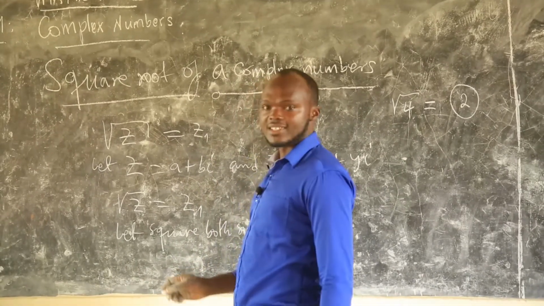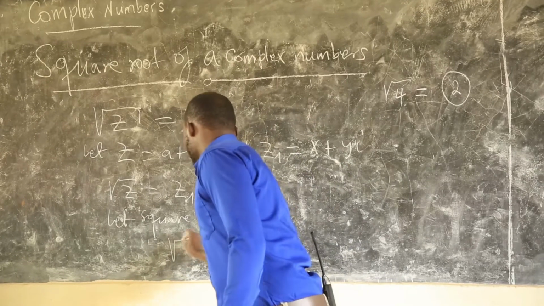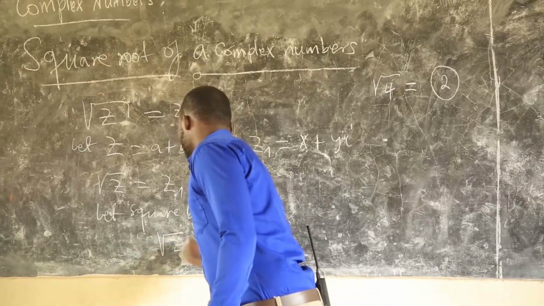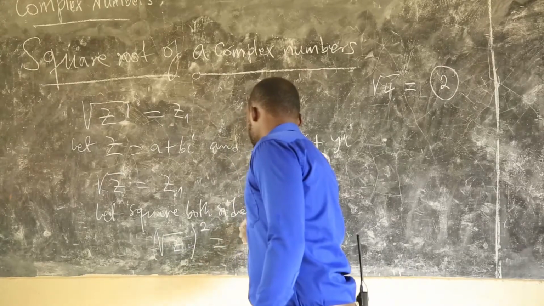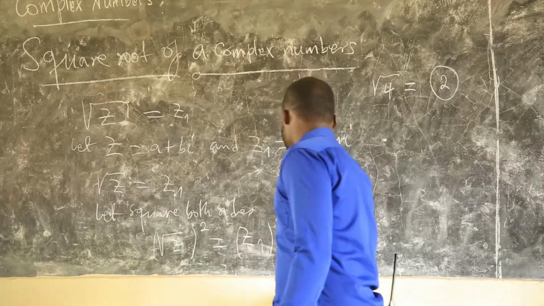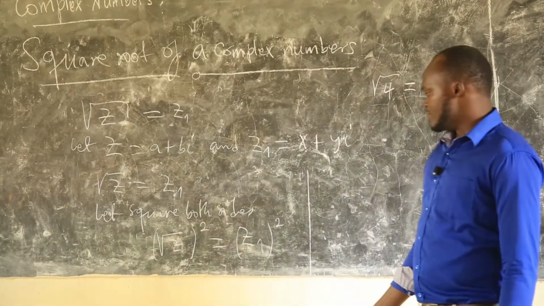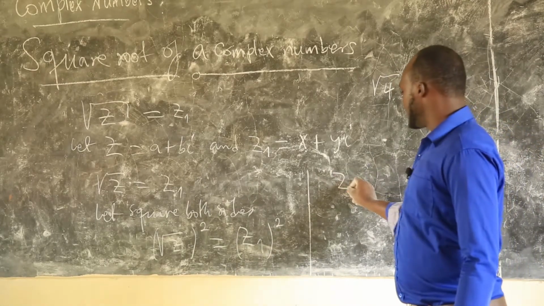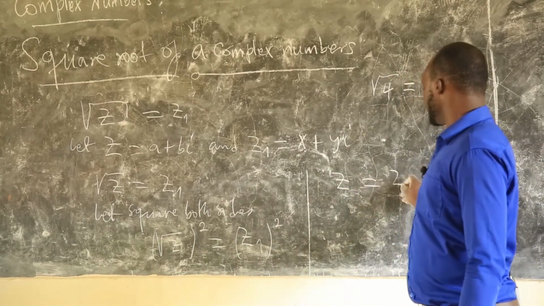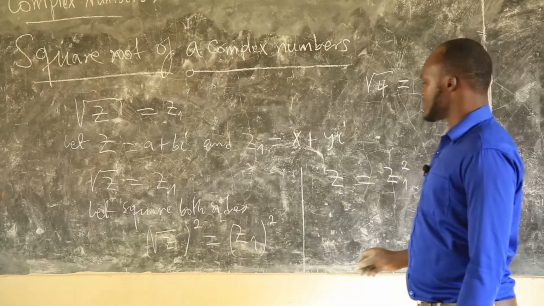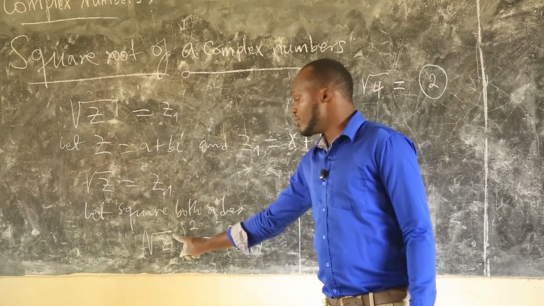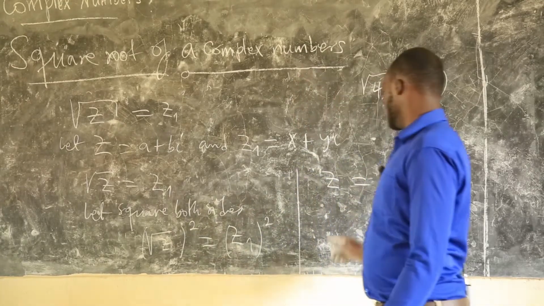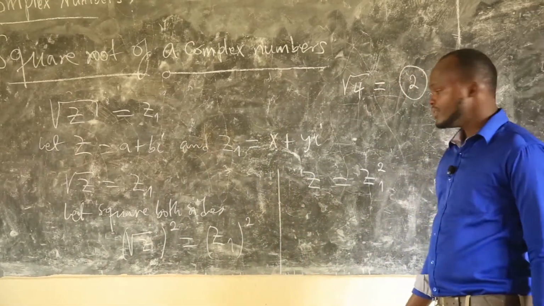If we square both sides, it will be root z squared equal to z1 squared. So now, it means that z is equal to z1 squared, because square root of z, this squared removes what? Square root. So z equal to z1 squared.